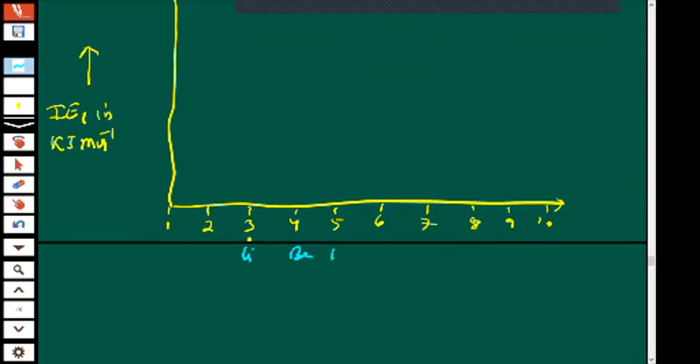Lithium, beryllium, boron, carbon, nitrogen, oxygen, fluorine, and neon.